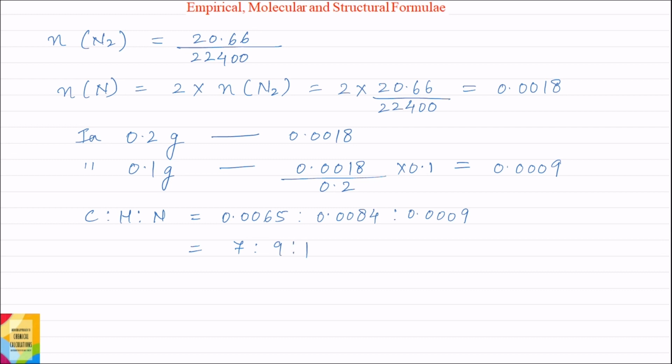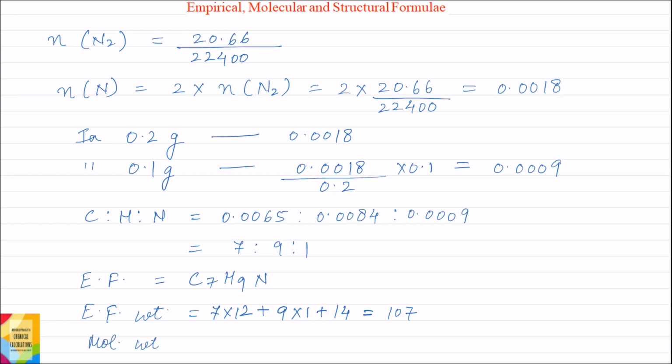So the empirical formula of the base is C7H9N, and the empirical formula weight of the base will be equal to 7 into atomic weight of carbon, that is 12, plus 9 into atomic weight of hydrogen, that is 1, plus 14, and this is equal to 107. Now molecular weight of the base is also 107.